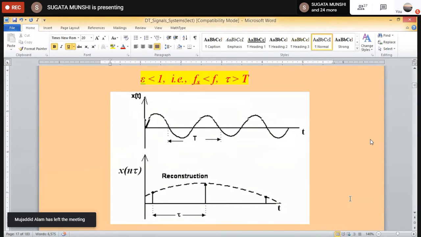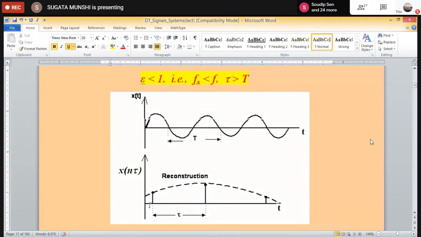I could have obtained the entire complete cycle of this sinusoid, part of which is represented by the dotted line. So doesn't it occur to you that ultimately the samples have lost the information of f, the frequency of the original analog sinusoid?